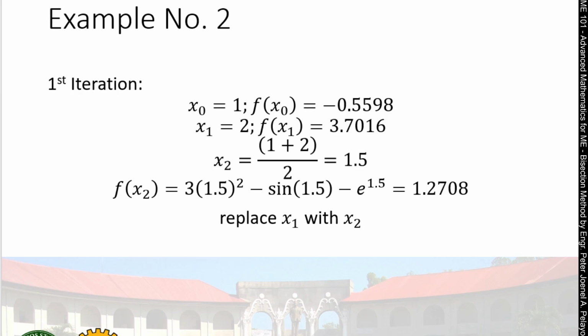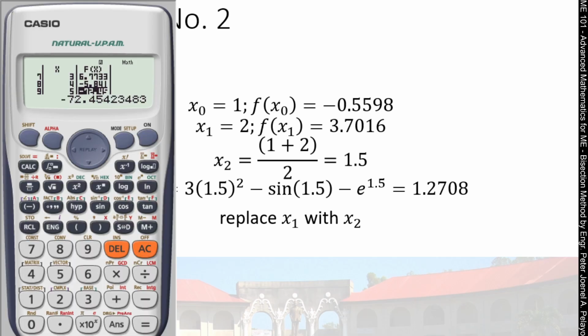So, try lang natin mag-solve. Babalik si calcu. Mode, complex.